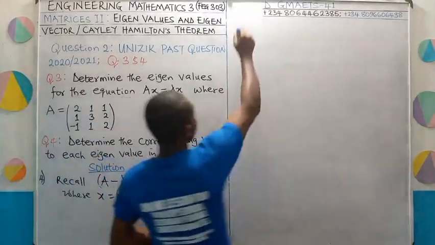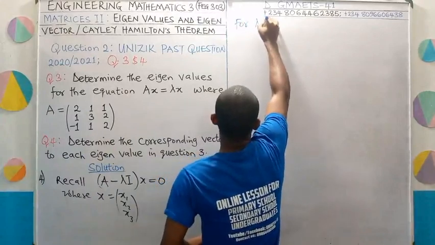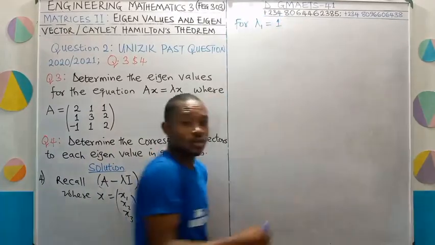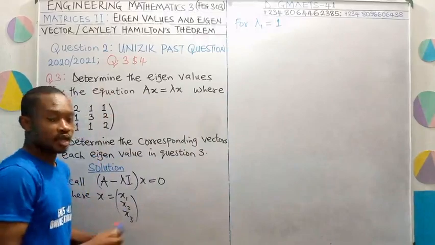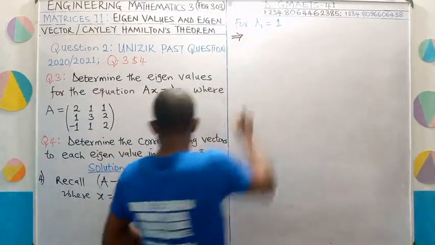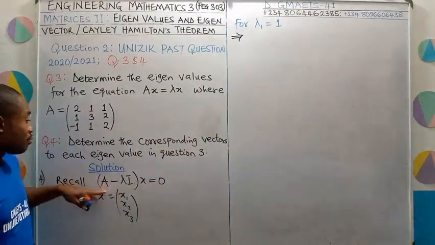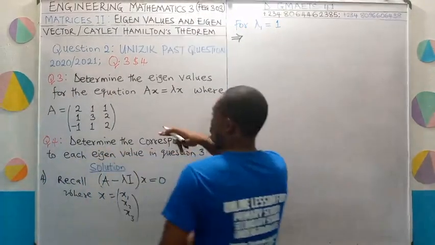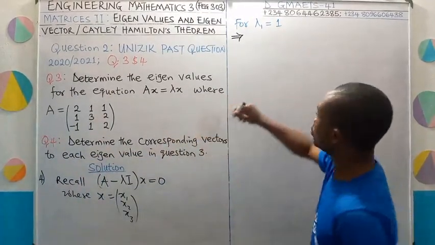So now say for lambda 1, I think I used 1 to be the value of lambda 1. This simply means we come to this equation and substitute. Matrix A is given to us already: 2, 1, 1, 1, 3, 2, minus 1, 1, 2.